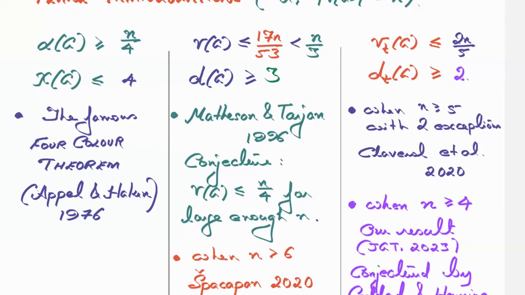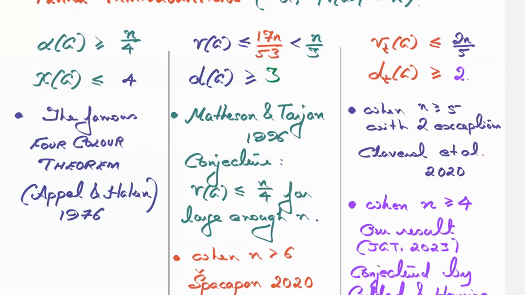Okay, this is one of the most famous results in graph theory. On a similar line, Matheson and Tarjan in 1996 showed that any plane triangulation can be partitioned into 3 dominating sets. That is, they showed that the domatic number d of G of any planar triangulation is at least 3.